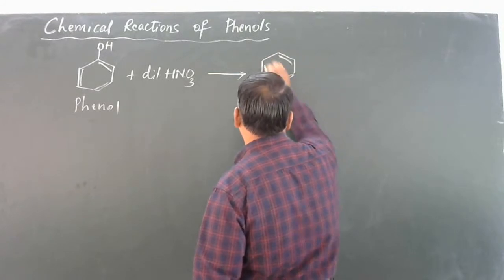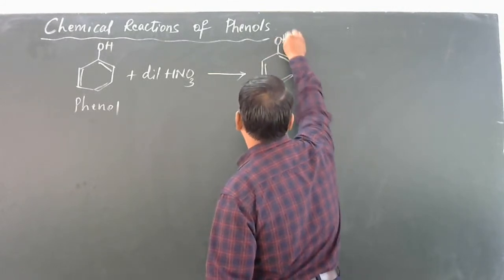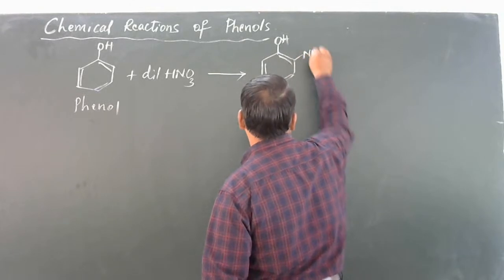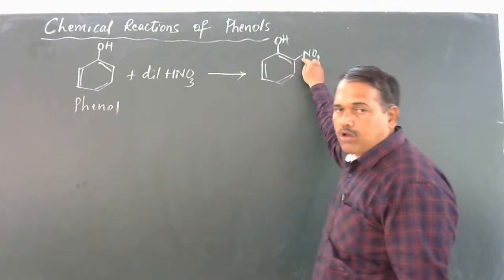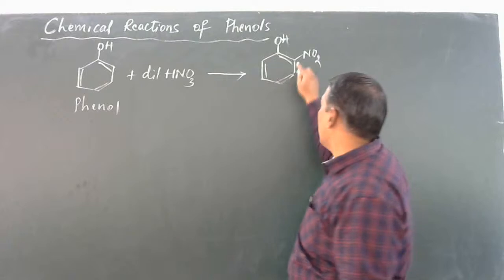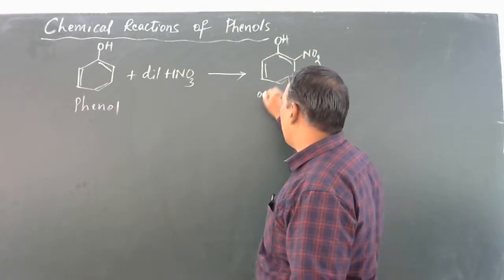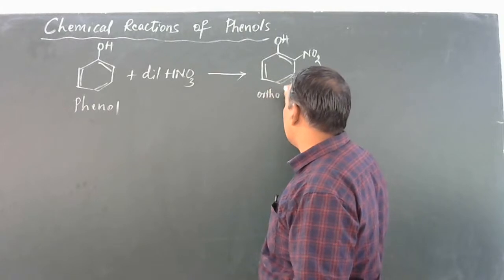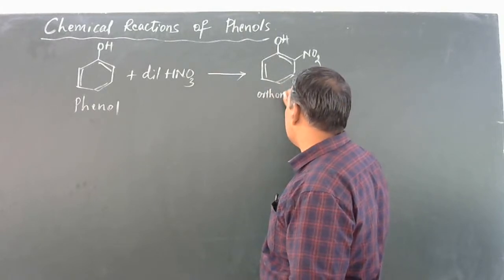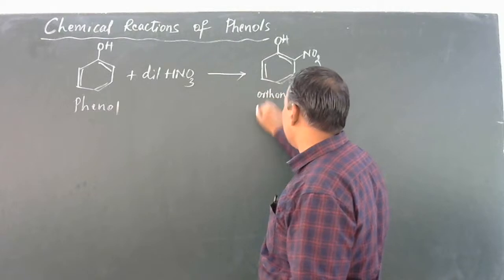This is OH and NO2, which is called orthonitrophenol. In the ortho position, nitro substitution is done, right? Therefore it is orthonitrophenol.